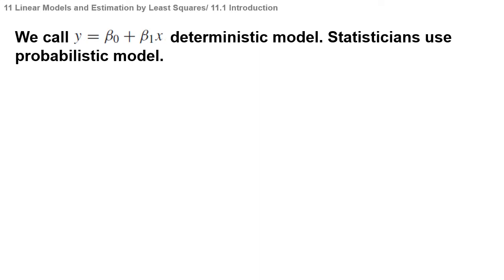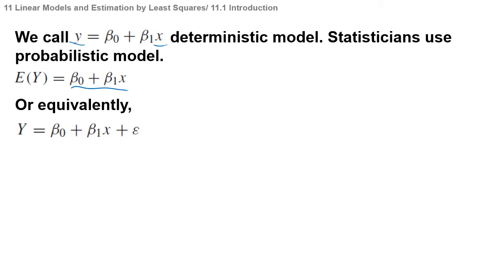a deterministic model. We are modeling y with respect to x, but statisticians like to use a probabilistic model, something like this. We want to say the expected value of y has this kind of relationship, so we are accepting a small amount of error.